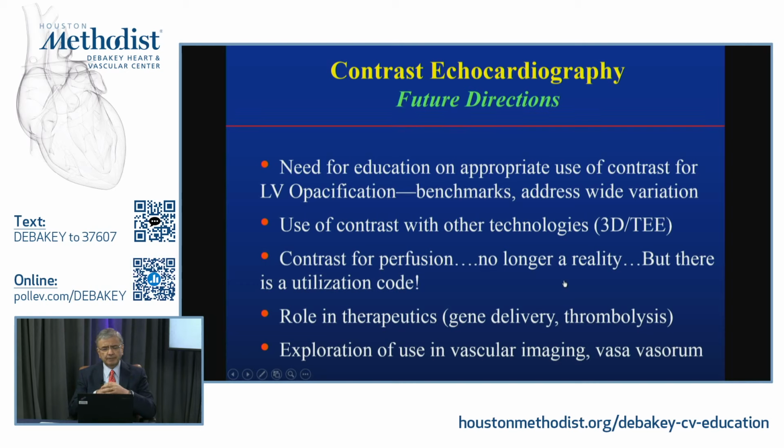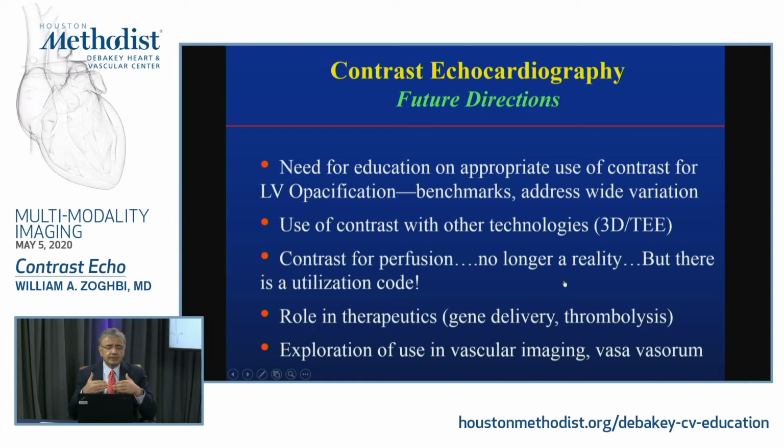Two is where I would like to see some of that, in 3D echocardiography. Now remember, in 3D you're going to have more energy delivered to the contrast itself, so you're going to have more utilization and more destruction of contrast.